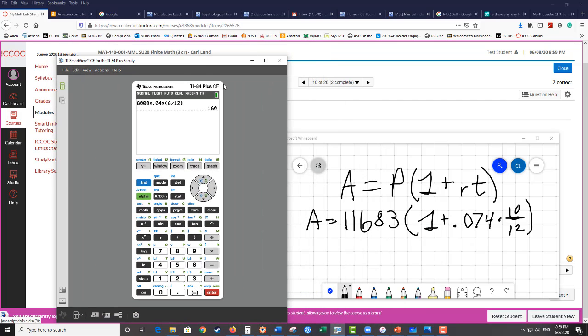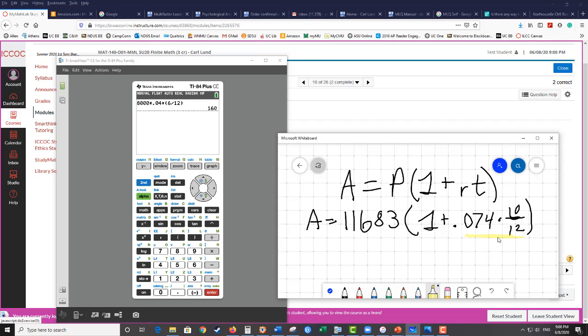How you enter this in your calculator is going to vary depending on your calculator. If you have a TI 83 or 84, you can enter it just like it looks here because your calculator handles order of operations really well. Other calculators don't handle order of operations so well, so you have to know what you're doing. You have to remember that you do multiplication and division first.